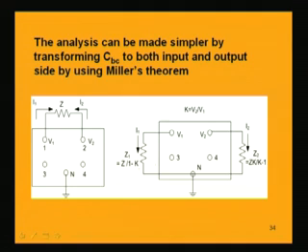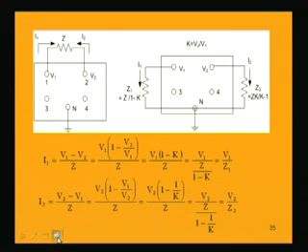Now, these two are equivalent circuits. To prove the point that these two are equivalent circuits, let us proceed from the current. Let us find out what is the current in this circuit.